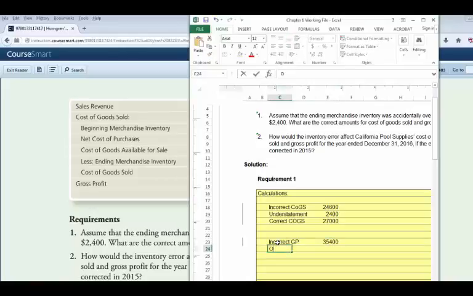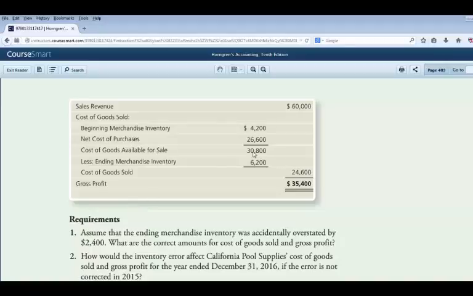And with that understatement of cost of goods sold, our gross profit's overstated by $2,400. So if I subtract out the overstatement, that gets me my corrected gross profit. So my gross profit should actually be $33,000. If we wanted to prove it, we could change that 6,200 to 3,800, and that's going to give us 27,000 for our cost of goods sold, and then gross profit will be 33,000.